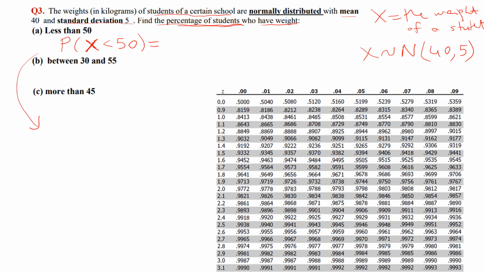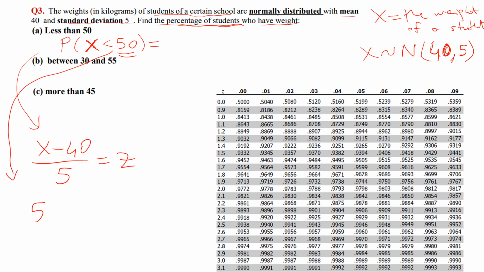So if you remember, we can change this to z by using the mean and the standard deviation of x. So x minus 40 divided by 5 is equal to z here. So use the same thing for 50 here, so convert them.